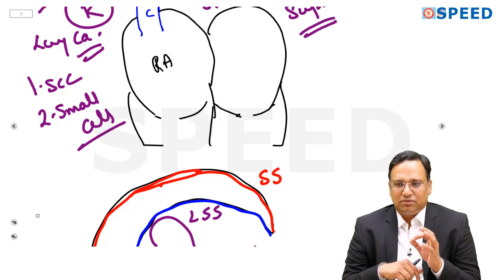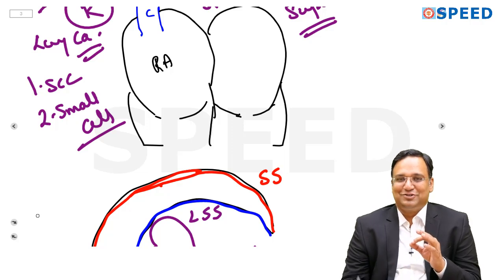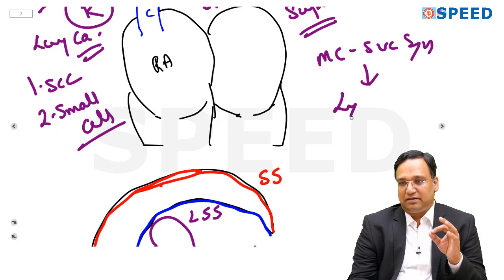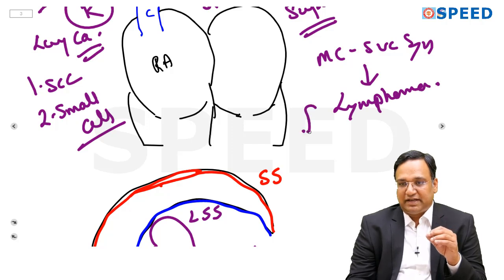Now there is one more question which is asked. What is the most common cause of superior vena cava syndrome? Which tumor most commonly causes it? The answer is lymphoma. Remember this, lymphoma. Most of the time the treatment for lymphoma is chemotherapy and radiotherapy.